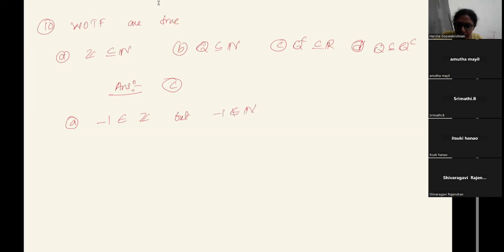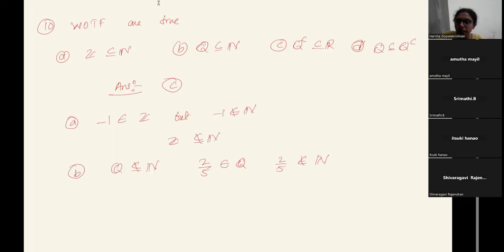Okay. So Z is not a subset of N. In the same way, in B, Q is not a subset of N. Because N contains only 1, 2, 3, etc. But Q contains rational numbers like 2 by 5, 3 by 5, etc. For example, 2 by 5 belongs to Q, but 2 by 5 does not belong to N. So Q is not a subset of N. Now, Q complement means the set of all irrational numbers.